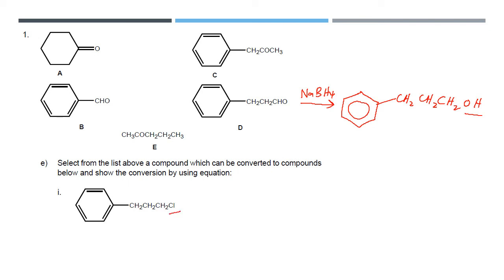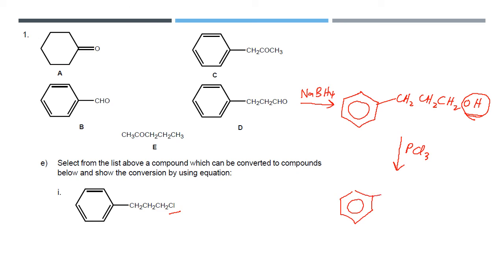This is a reaction that we've learned in chapter 7, synthesis of haloalkane, and also chapter 8, nucleophilic substitution of alcohol. So what we're going to use is maybe PCl3. We are going to replace or substitute the hydroxy group with Cl.